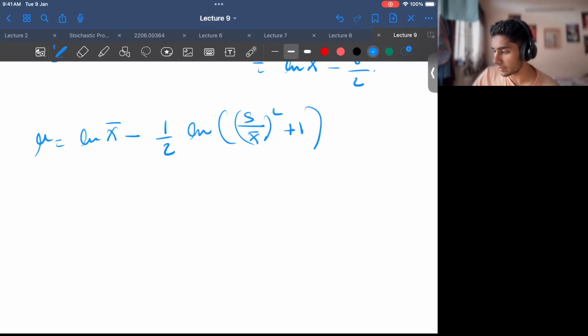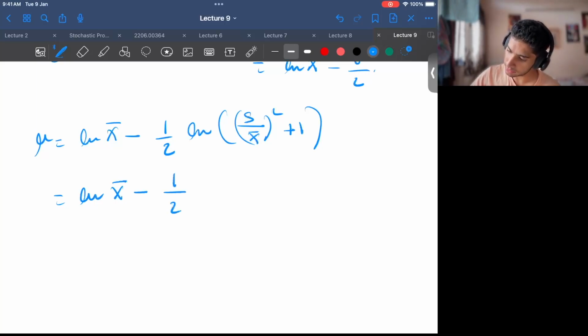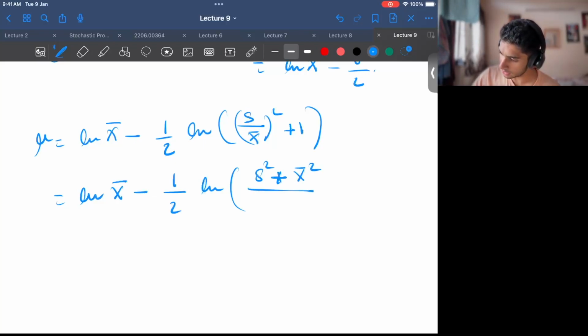Okay. Can we simplify it further or is it done? Maybe you can do some simplification. Ln x bar minus half log of s square plus x bar whole square, right, by x bar whole square.